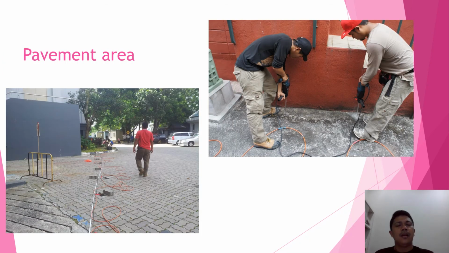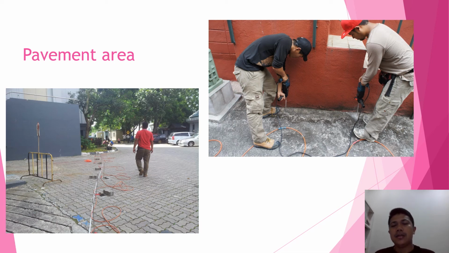Okay, and then this is another example for a pavement area somewhere in KL. They detected a cavity, and it happened because of a burst pipe last time.